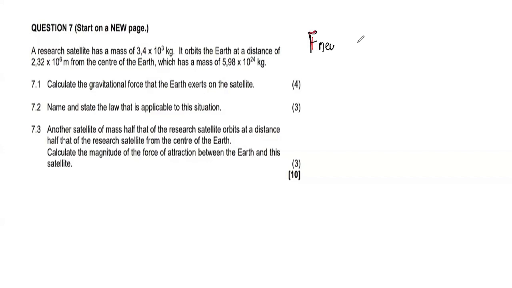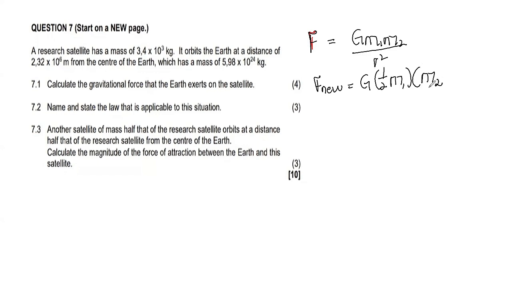So if we wanted to figure out what our F nu is, first we would have to write the formula, which is F equals G m1 m2 over r squared. And then we write F nu and do whatever they told us to do. So we have first the halving of this mass, so it's half m1. Then they did not do anything to the mass of the Earth, so we'll just keep it m2.